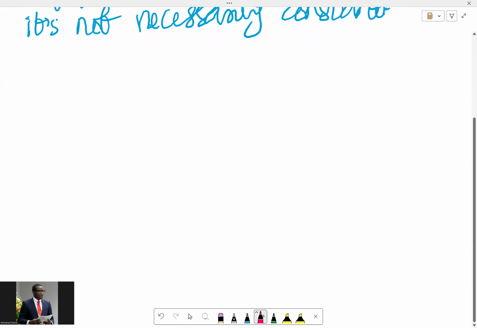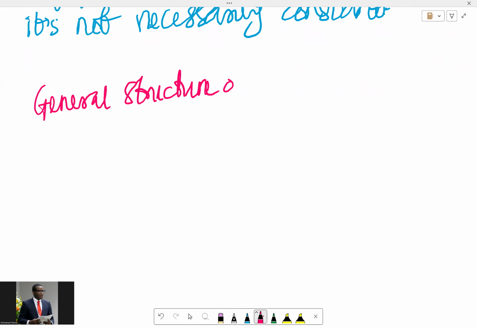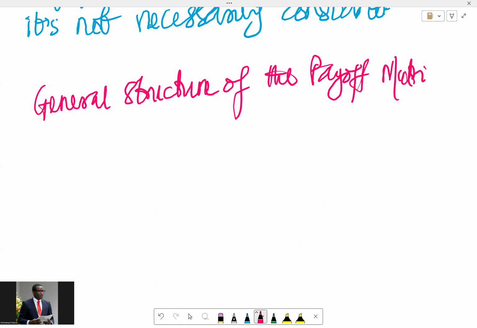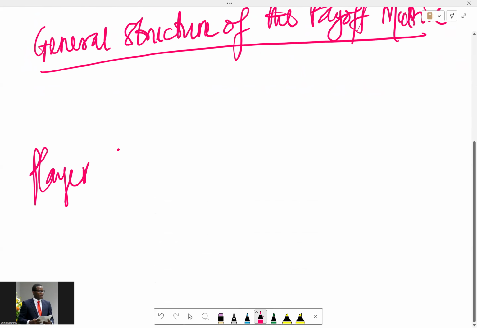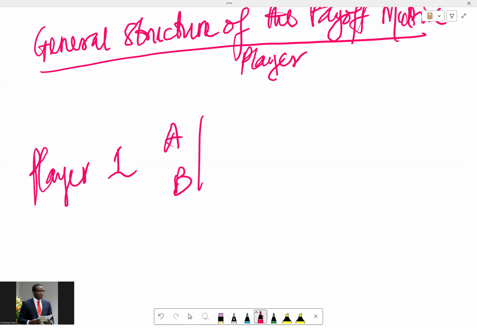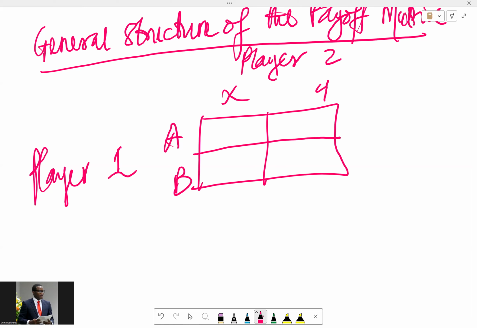So, can we talk about the general structure of the payoff matrix? Okay, so here you have player one with two strategies A and B, and you have player two with two strategies X and Y. And generally, you have the payoffs as A1, B1, A2, B2, A3, B3, A4, and B4, like that.